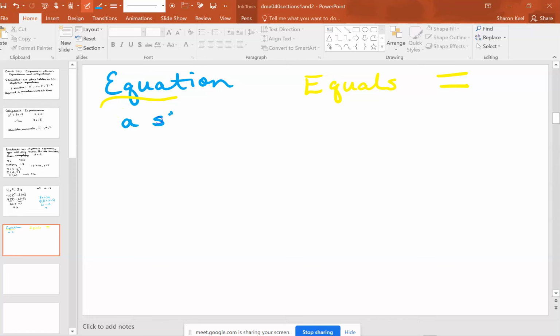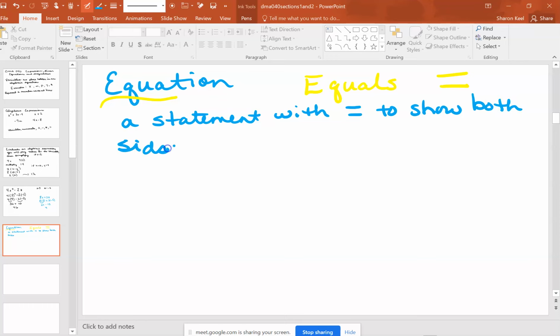So it is a statement with equals to show both sides of the expressions are equal.